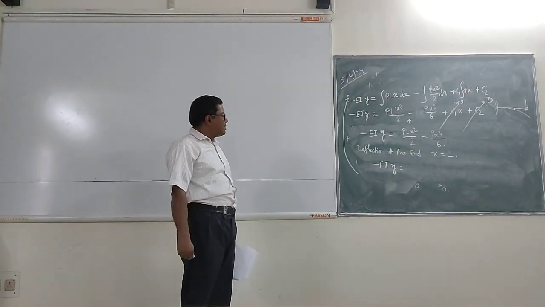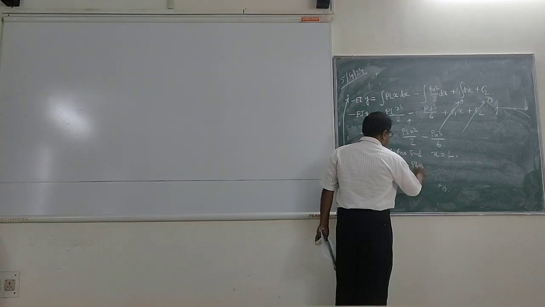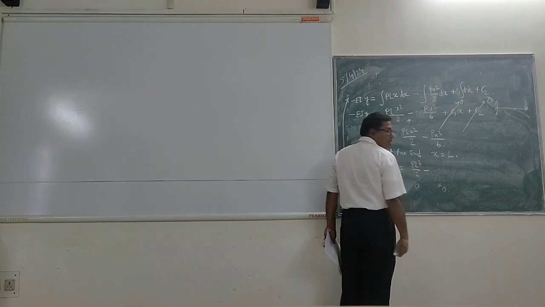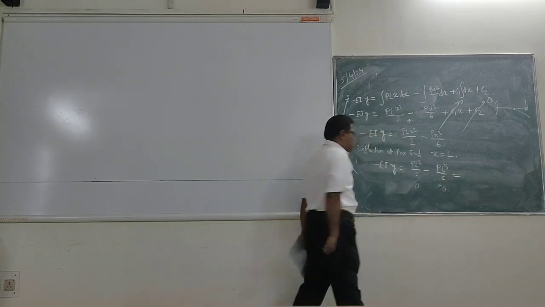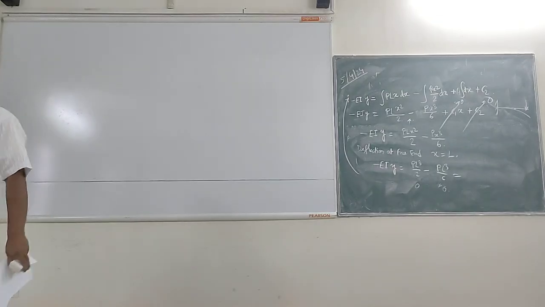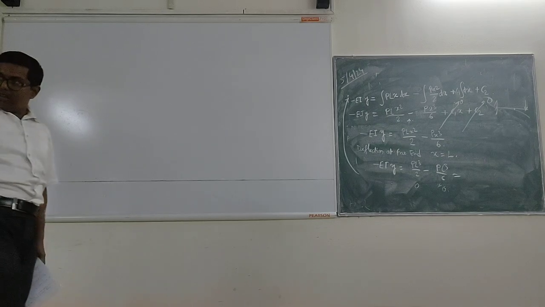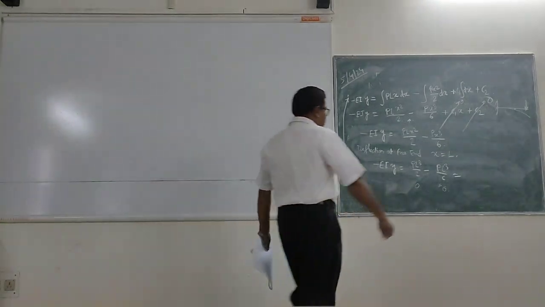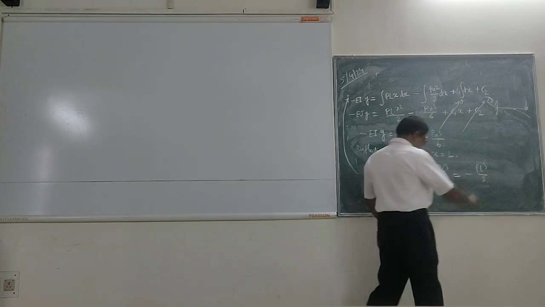I put x equal to L, so PL³/2 minus PL³/6. Find out how much this will come to. It will become minus PL³/3.